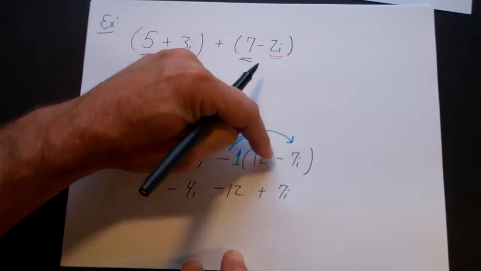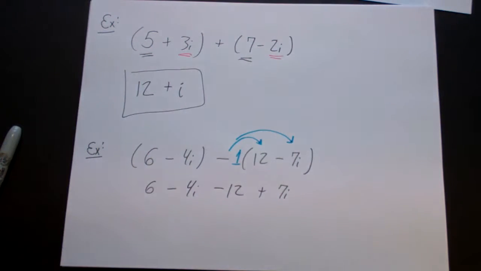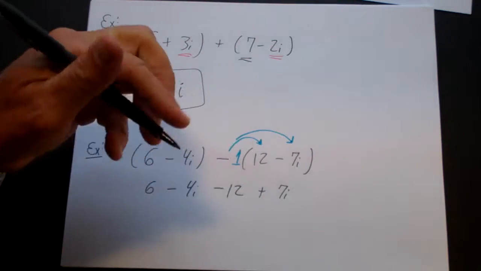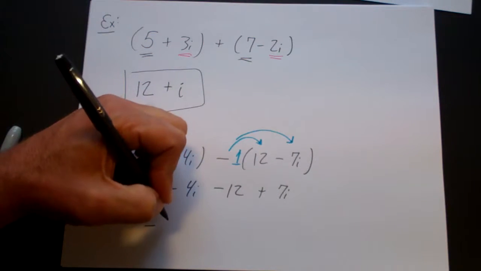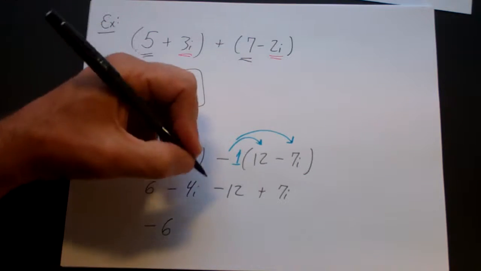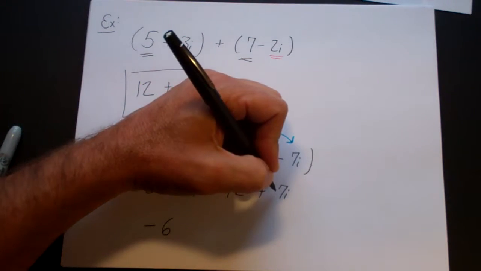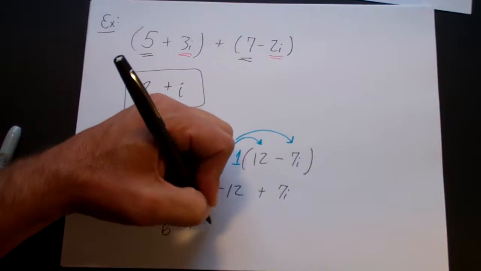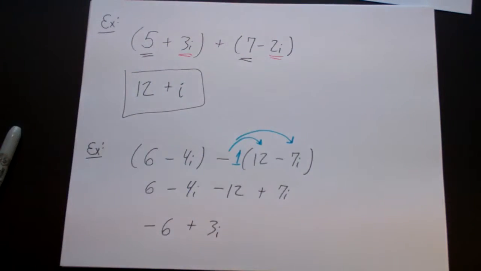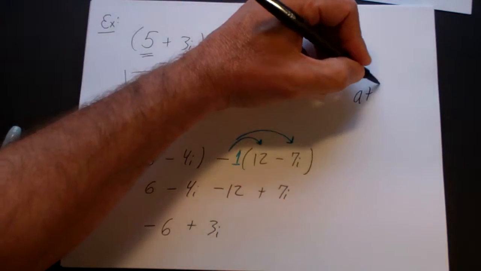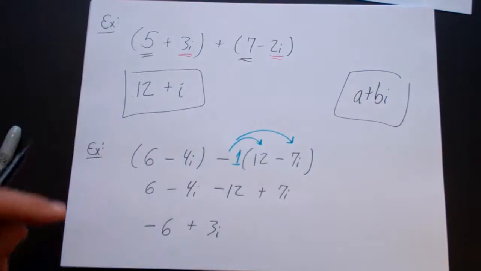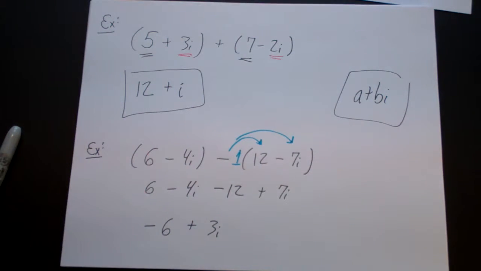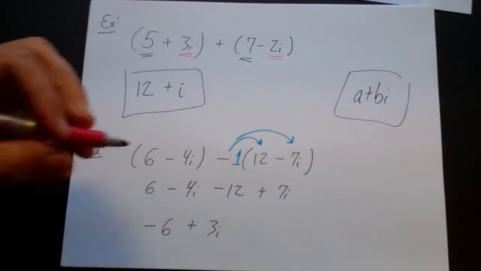Notice that a negative and a negative becomes a positive. Then we're just going to combine like terms. 6 minus 12 is going to be minus 6. Negative 4i and positive 7i is going to be a plus 3i. We're going to make sure it's written in the form a plus bi, right? That's the way we want to write it, with the real part first and then the imaginary. We're done. That's all we're going to do.